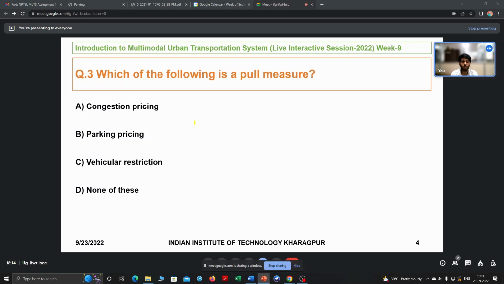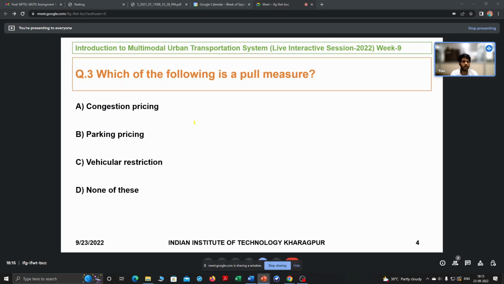If you charge it like that, especially during peak hours, people will be forced to use other modes of transport, maybe a pool service, or if you have an attractive public transportation system, a good metro service, or some kind of urban light rail transit, like there is in Kolkata, or the Mumbai metro rail service, if it is good then people will use it, right? Now the third one is the vehicular restriction.